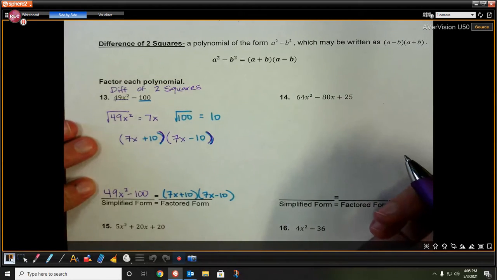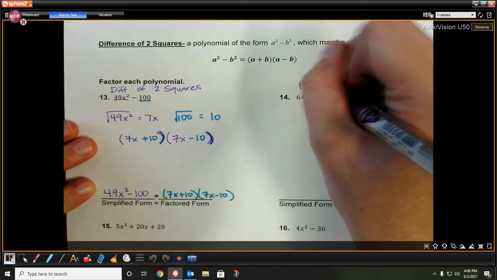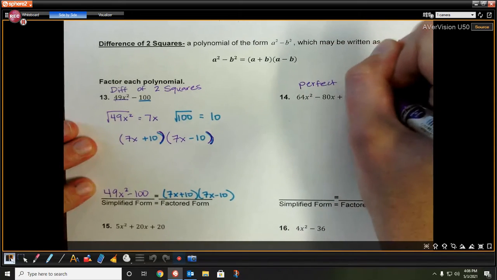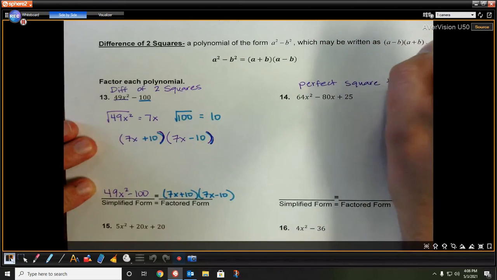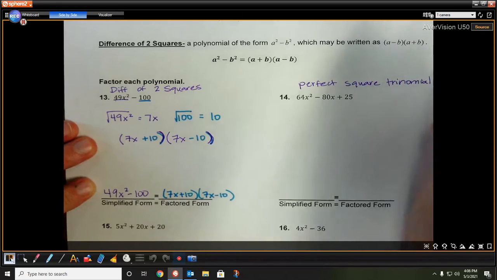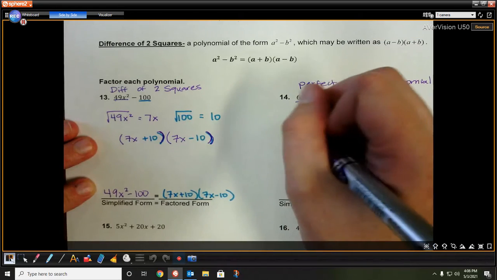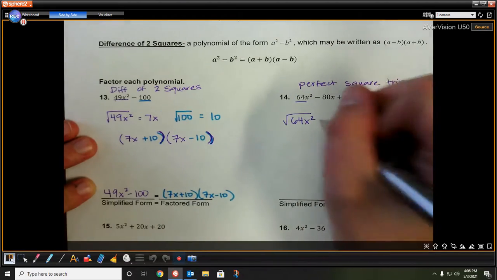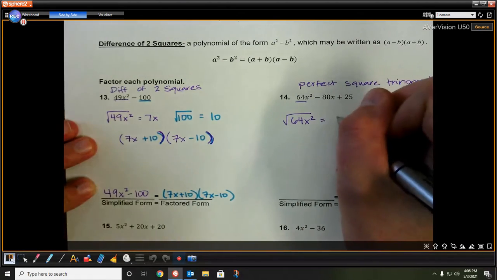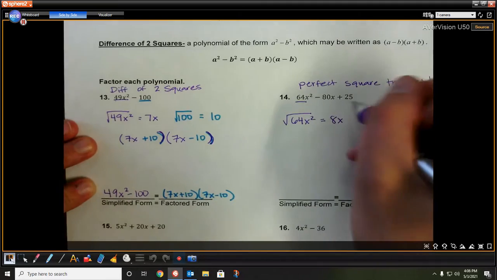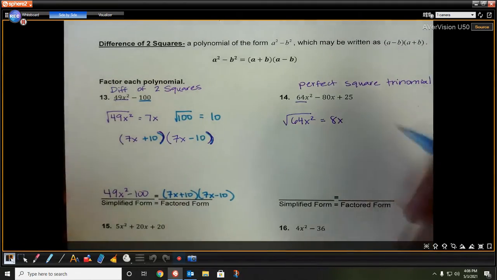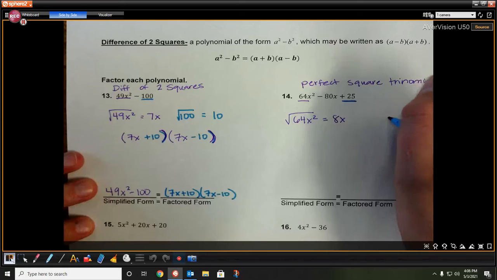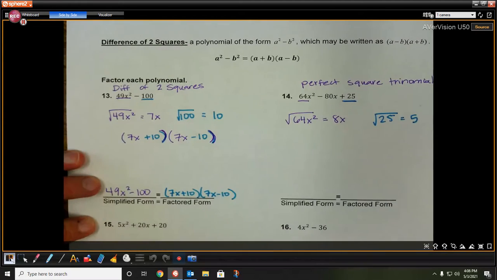The reason we know this is a perfect square trinomial is we look at our first term, 64x squared, and the square root of that is 8x. Then we look at our last term, 25, and take the square root of 25, which is also a good number.